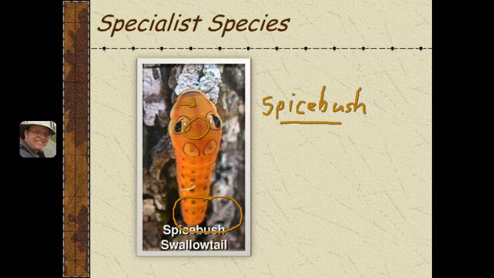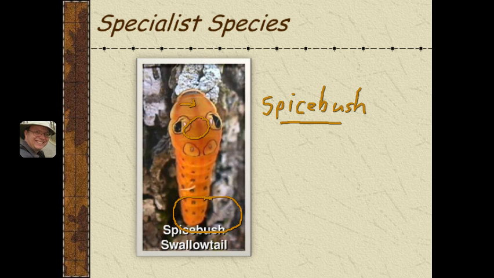But the spicebush swallowtail butterfly caterpillar, it likes spicebush, and it can handle those chemicals that are in the spicebush leaves, and as a result, it's got a food supply all to itself. Nothing else eats the spicebush, so these caterpillars have it all to themselves. We say that they specialize on spicebush.